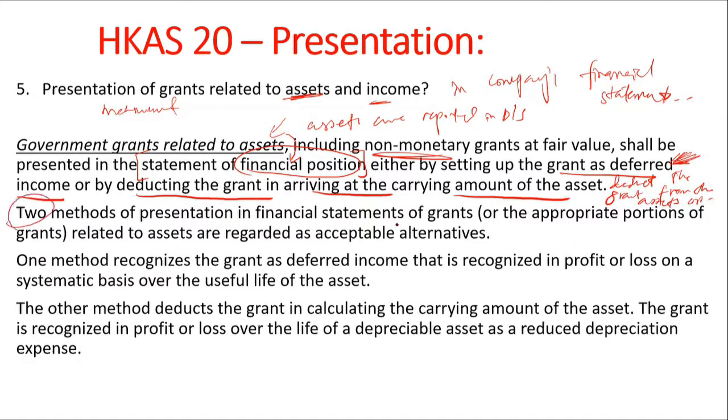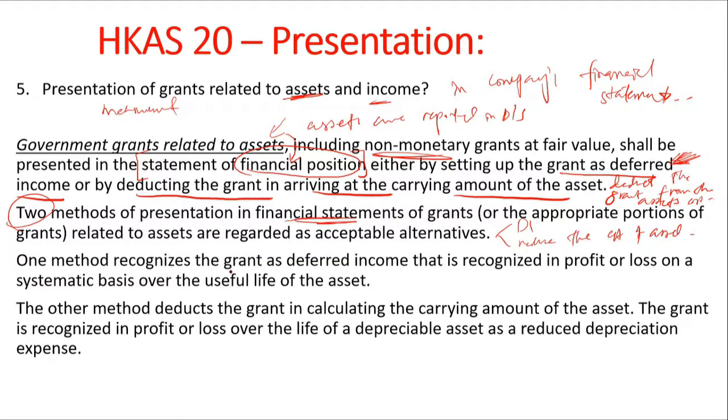So these are the two methods of presentation in the financial statements of grants. So this is about government grants related to assets. There are two methods, right? You can either use the deferred income approach, or you can basically reduce the carrying amount of the asset.